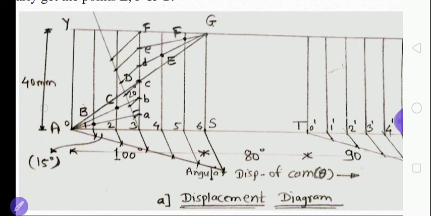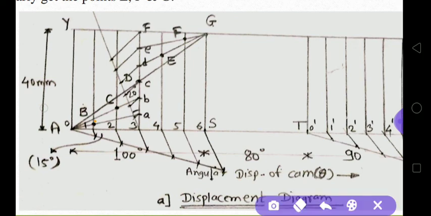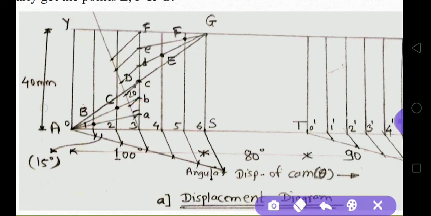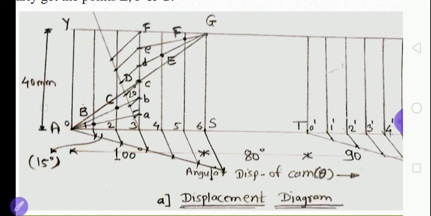That point I have given the name B point. Again, this second vertical line cutting A to B line at a point, that point I have given the name C point. Similarly, this A to C inclined line cutting this third vertical line at one point, that point I have given the name capital D.